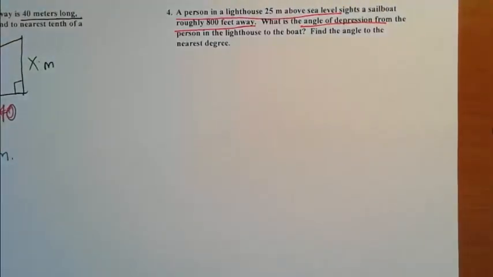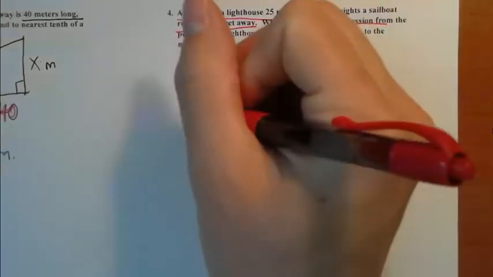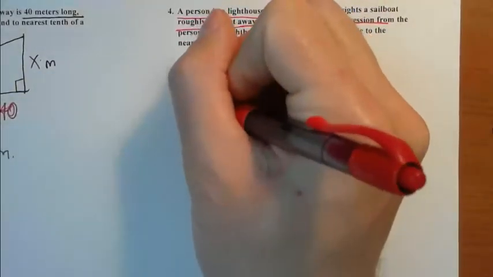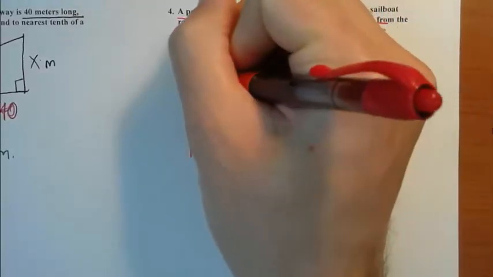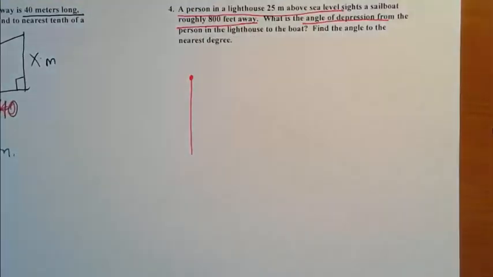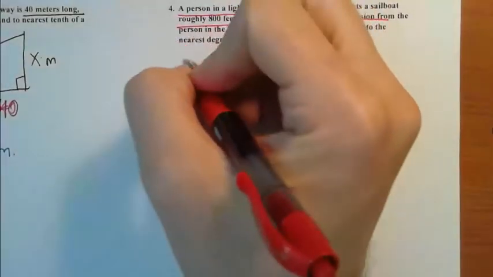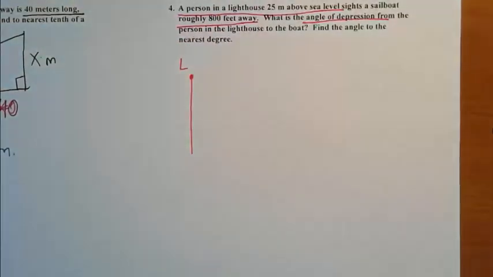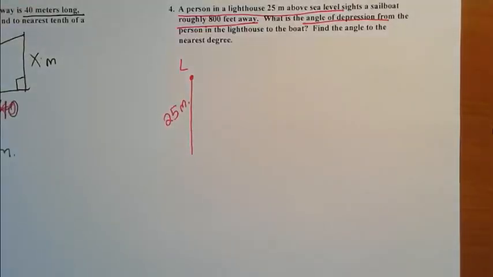So if we want to think about how to set up this problem, it's going to be a little bit different. So we have a person kind of up here, at this point. That's where they are at the lighthouse. So we could say this is point L for lighthouse. And that person is 25 meters above the sea, or above the part of land they are near the sea.